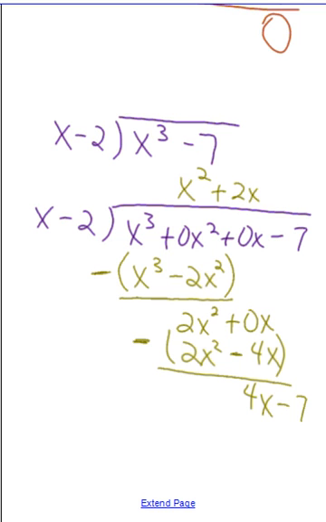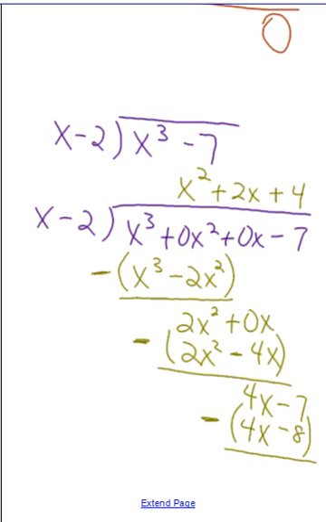What times x equals 4x? 4. So 4 times x at the top. Are you always adding at the top? No, not necessarily, we've had some negatives. Then 4 times -2 is -8. Look what happened this time, we didn't come out evenly, that's why I changed it.